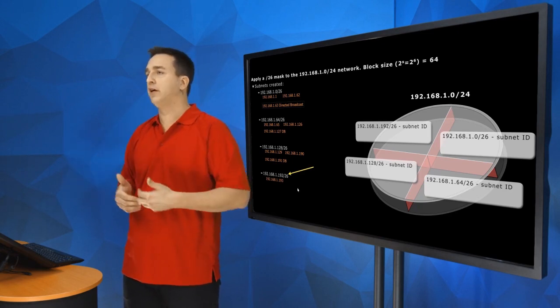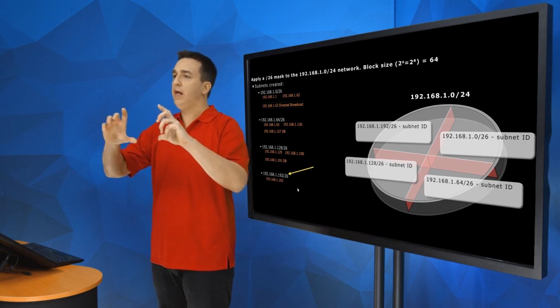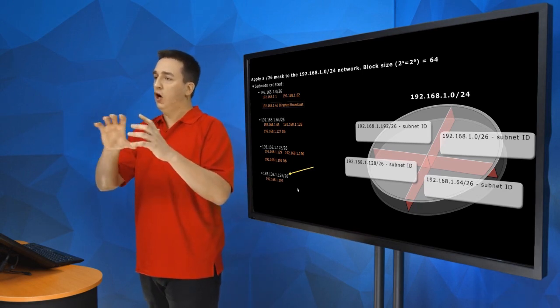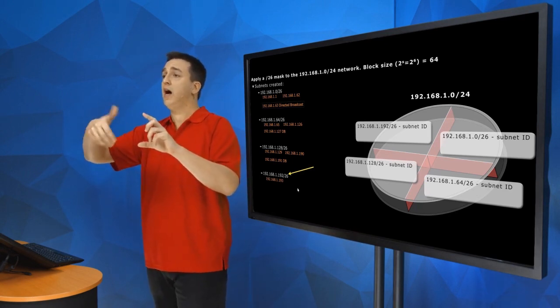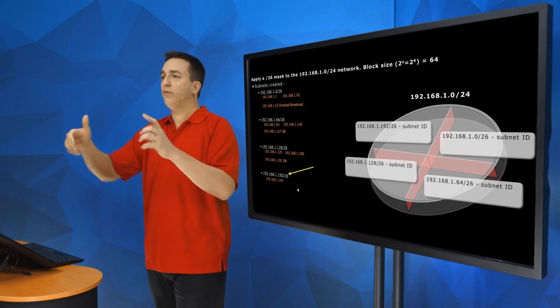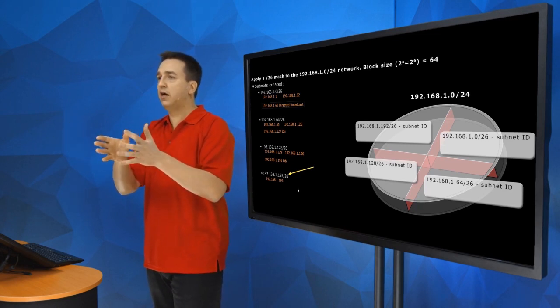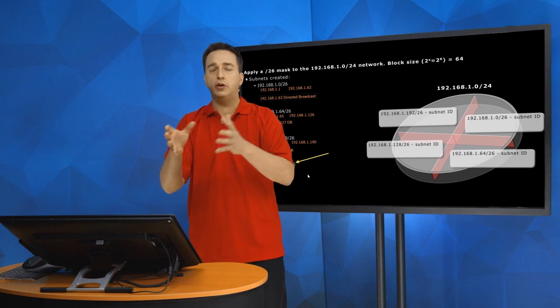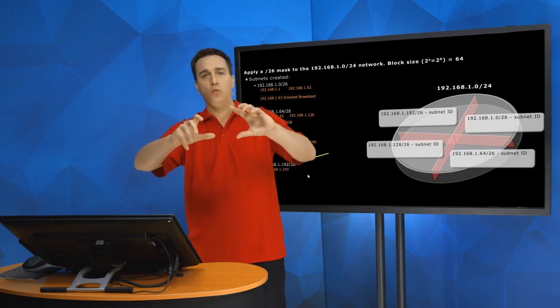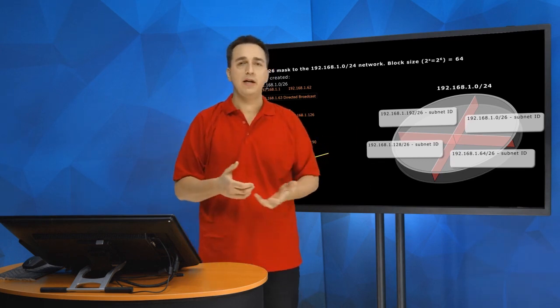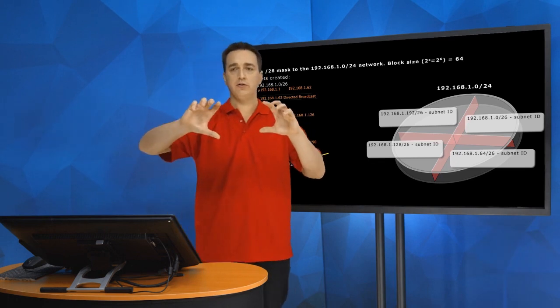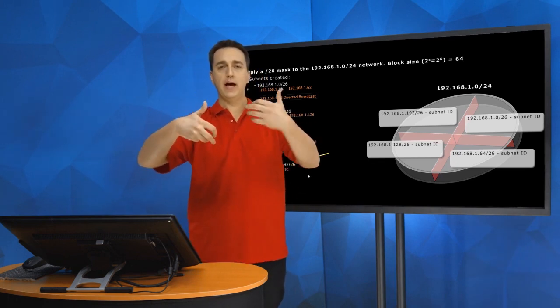Got to go down 1 there as well. Just like your odometer, if you're at 1,000 and you roll back all those zeros to 9s, you're not rolling back to 1,999. No, you're rolling back to 999. So that 1 has to become a 0 as well. So same idea here. You're going to take the 0, turn it back to a 255, take the 2, roll it back to a 1.